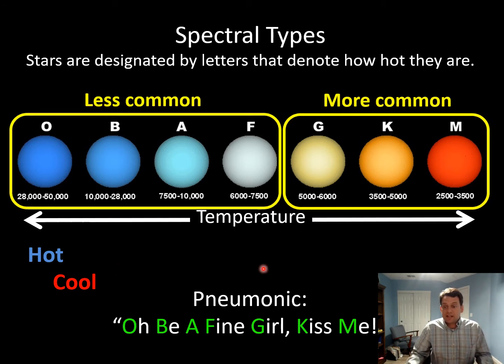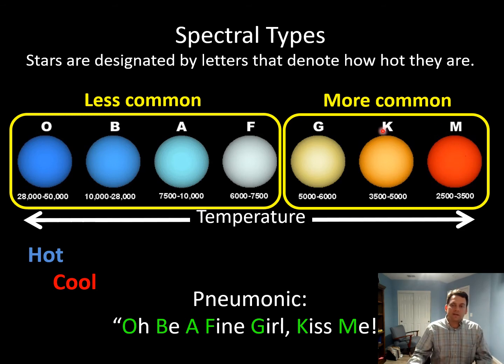As I said, it's actually generally true that as we go from M-class stars to O-class stars, they get less and less common. But you can roughly break them up into two groups here as well, which is that M through G-class stars are quite common. We see a lot of them out there. I've said before, and I'll say again, that the sun is a very plain vanilla, very normal star as far as all the stars in the universe go.